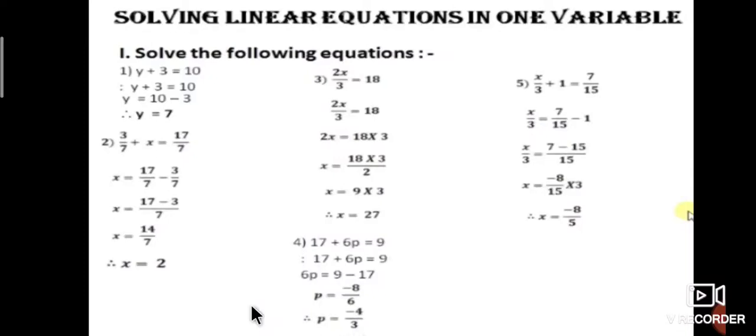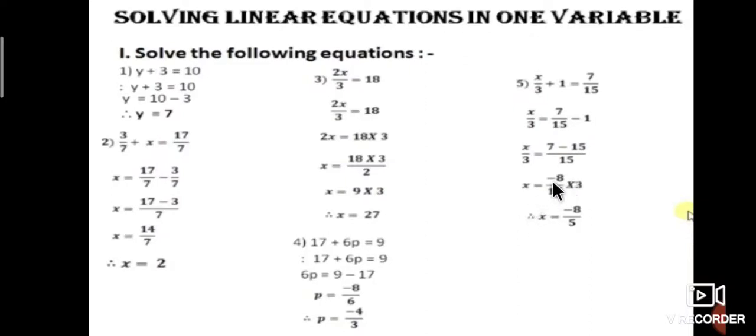Next, fifth one is x by 3 plus 1 is equal to 7 divided by 15. X by 3 is equal to 7 divided by 15 minus 1, transposing plus 1 from left hand side to right hand side. Therefore, x by 3 is equal to (7 minus 15) divided by 15.